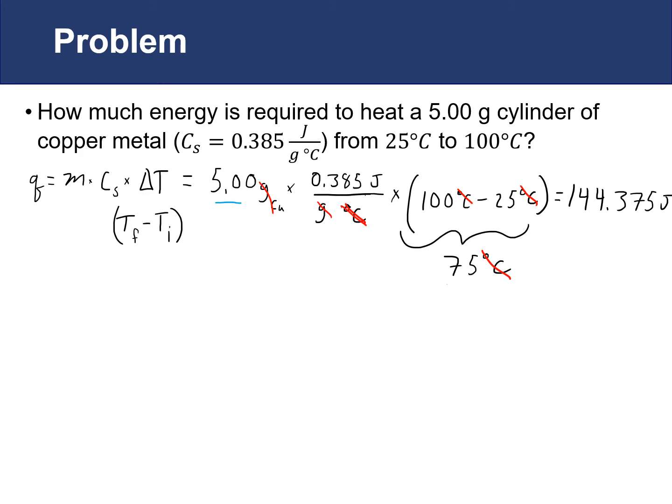Our temperature value has 2. So that means that our answer will only have 2 significant figures. So our Q will be equal to 140 joules of energy. So in order for us to heat a 5 gram cylinder of copper metal from 25 degrees Celsius to 100 degrees Celsius, will require 140 joules of energy.